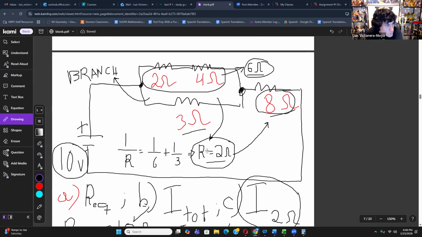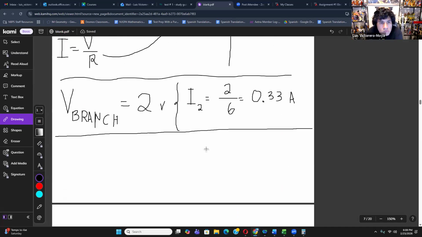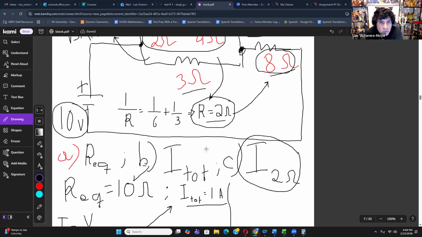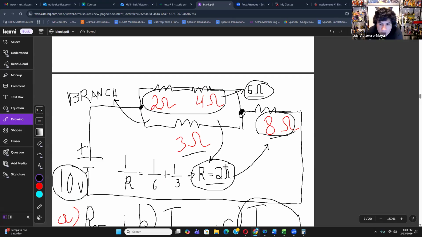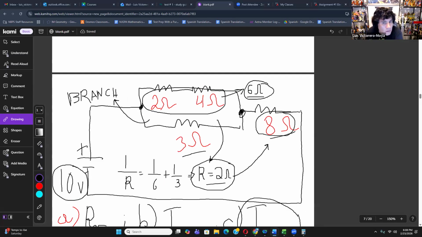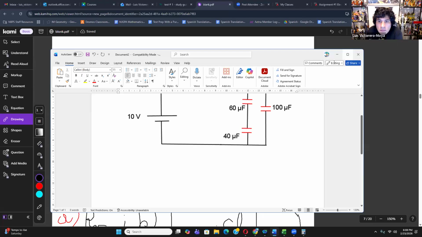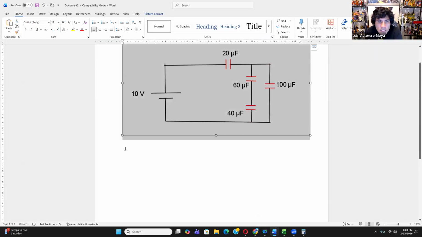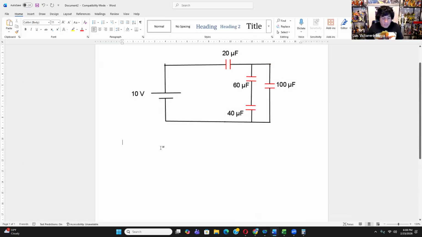Any questions? So that's your parallel and series there. And actually I have this as well. So let's analyze this problem. Similar. Now you're going to find the equivalent capacitance.